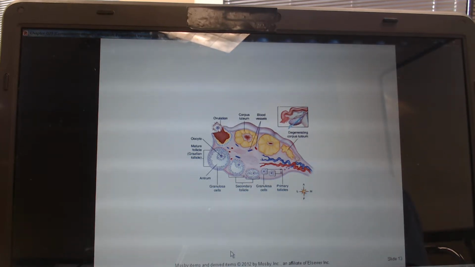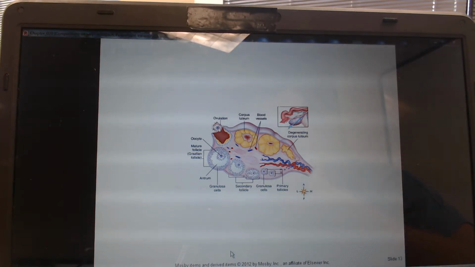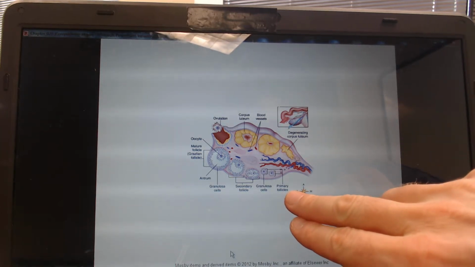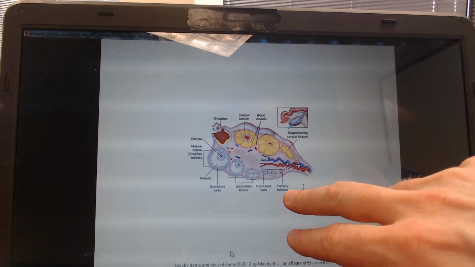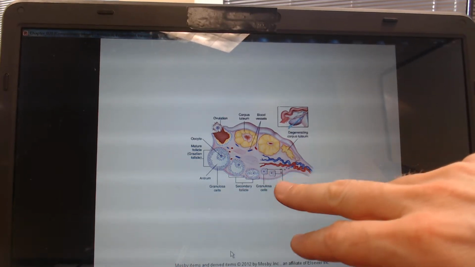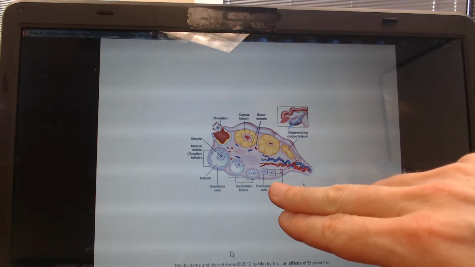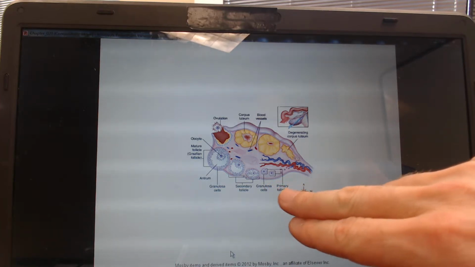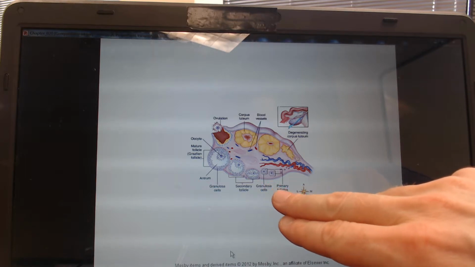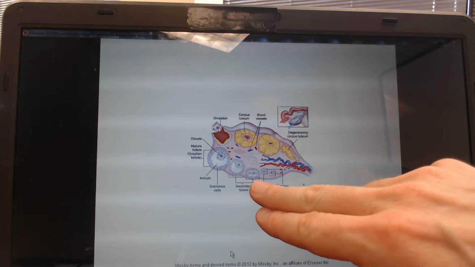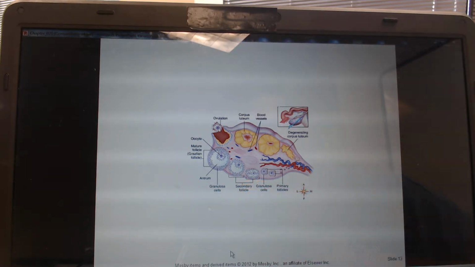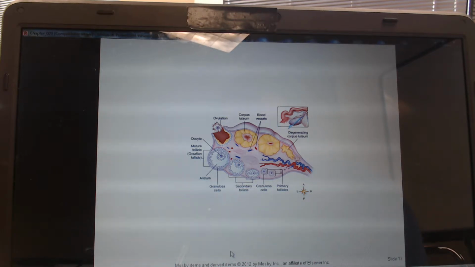And what we see is during the course of development, we're going to see what are called primary follicles, and that's an ovum surrounded in a casing. And then as it matures and goes through its cycle, we're going to see an increase in what are called granulosal cells. And then the follicle continues to grow larger and larger.